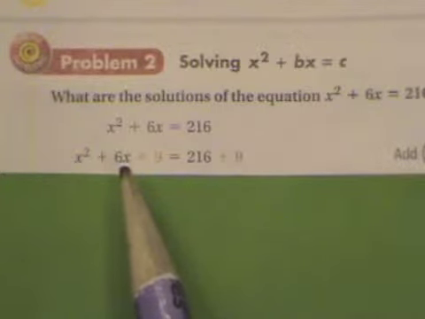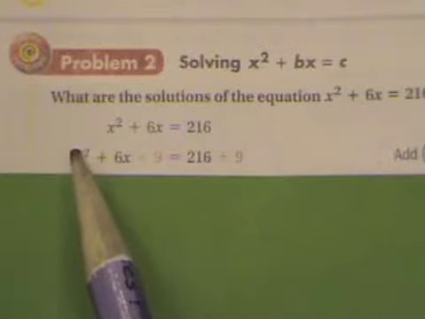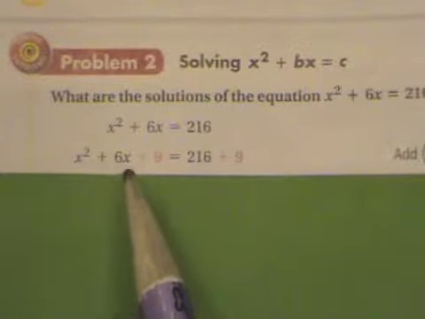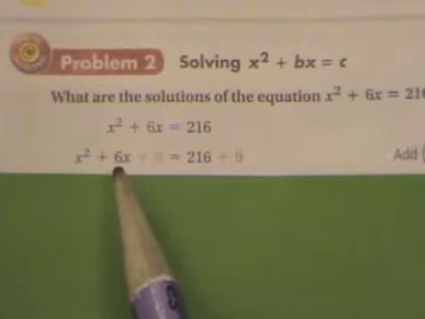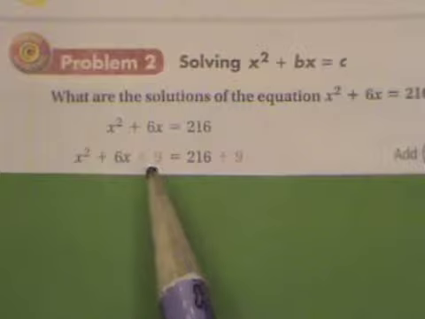If you square 3, you get 9. And by going through that process, you turn this into a perfect square trinomial, because now it'll easily factor into x plus 3 quantity squared, right? Exactly.